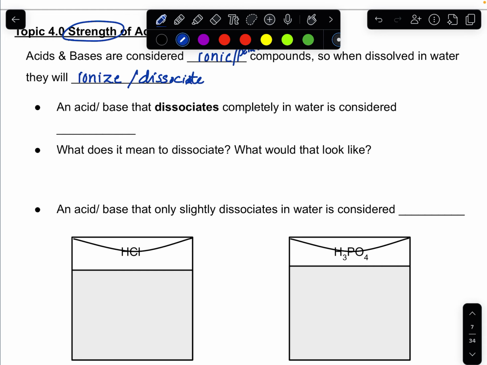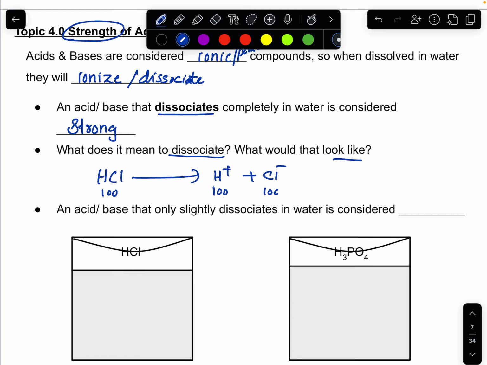Acids or bases that dissociate completely in water are considered a strong acid or strong base. Say, for example, if you have hydrogen chloride or hydrochloric acid, suppose you had 100 molecules, 100 hydrogen ions and 100 chloride ions are produced.